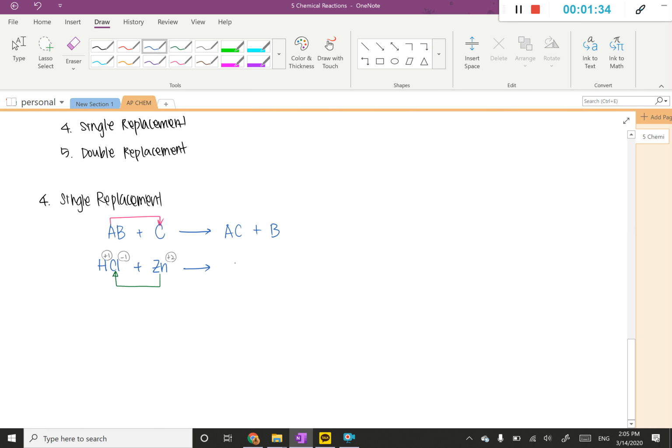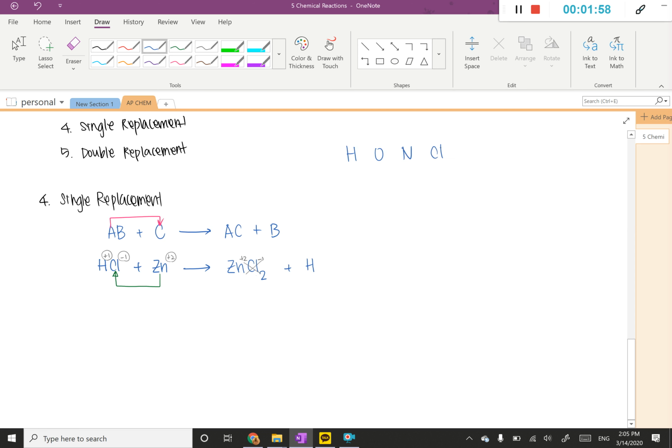Zinc, which is a 2+ charge, will pair up with chlorine, which is a -1 charge. We swap and drop, and we end up with zinc chloride. When I said swap and drop, we're talking about this. You swap and drop, okay? And then hydrogen will be all by itself. But remember Hunkelbrief, Brinkelhoff, Hunkelberry Finn.